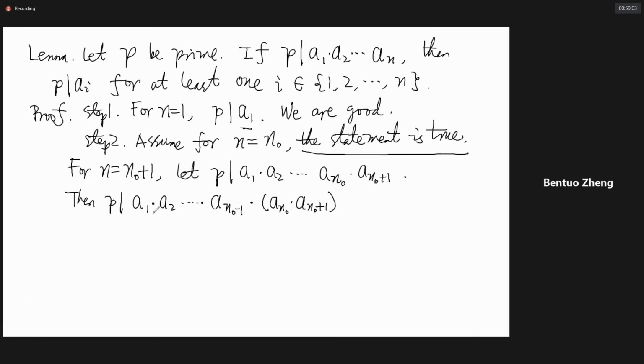Okay, so now we treat this as the product of n0 numbers. This is the first number, the second number, up to the n0-th number, and the last one is the n0-th number.